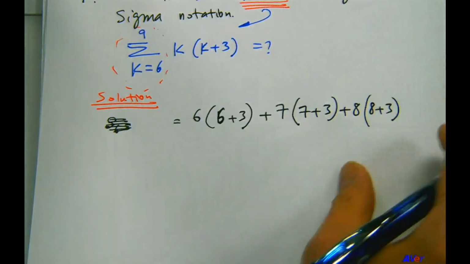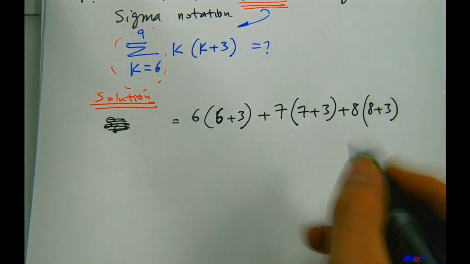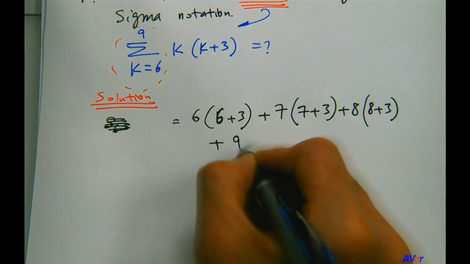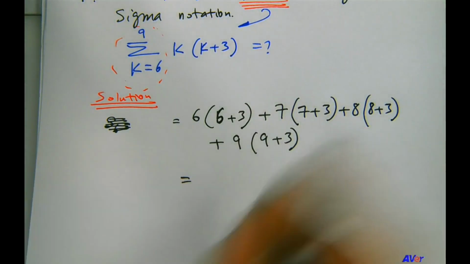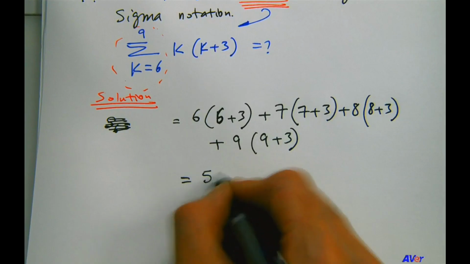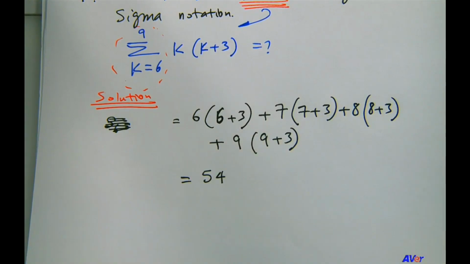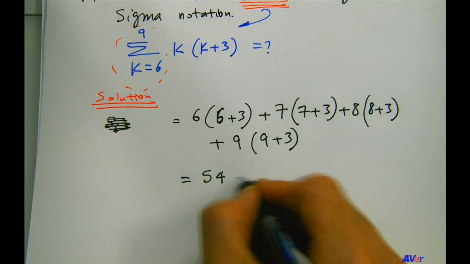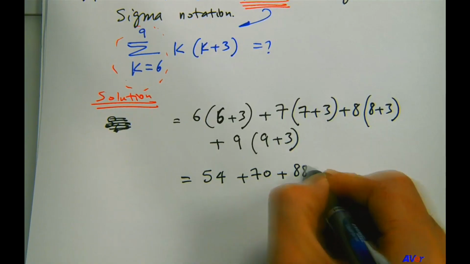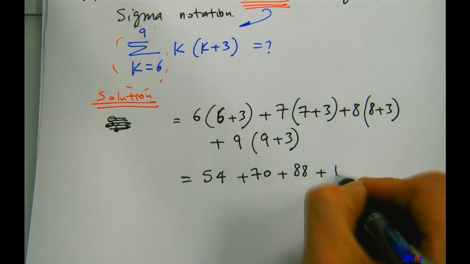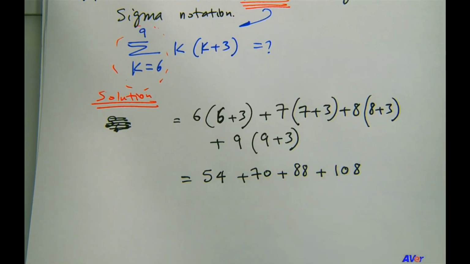And finally, plus 9 times 9 plus 3. Okay, when we add all of those, this is what I have. I ended up with 54 plus 70 plus 88 plus 108.